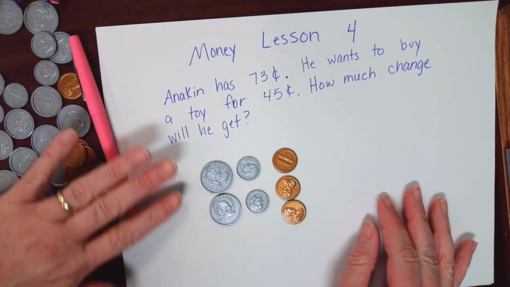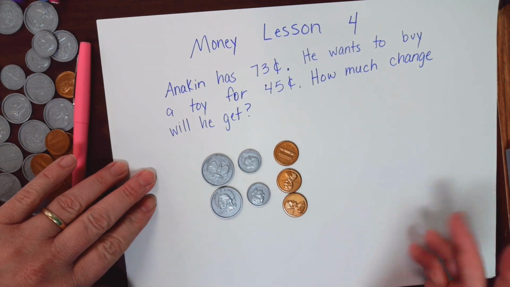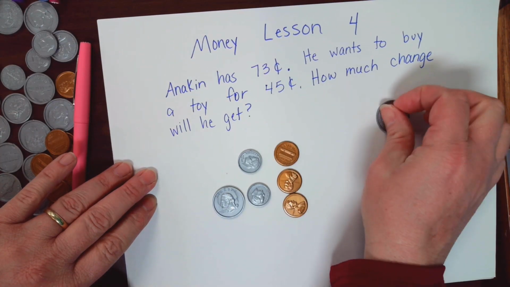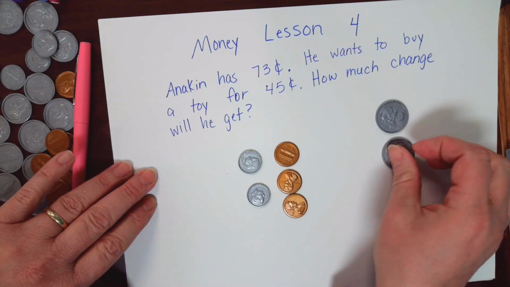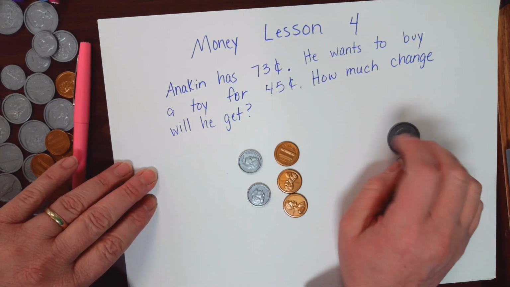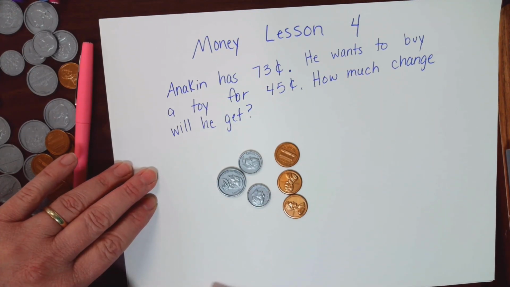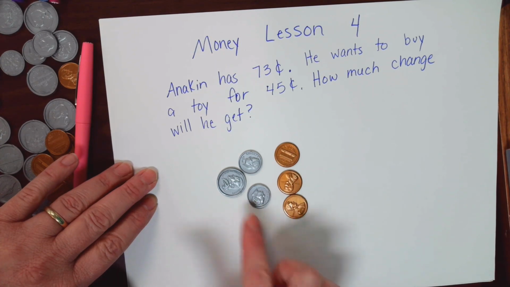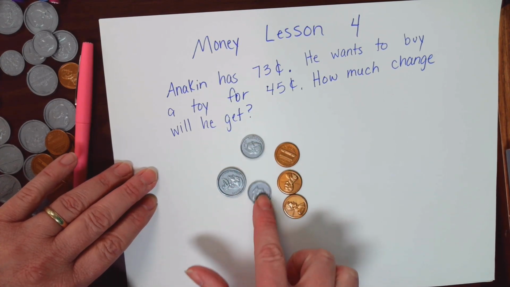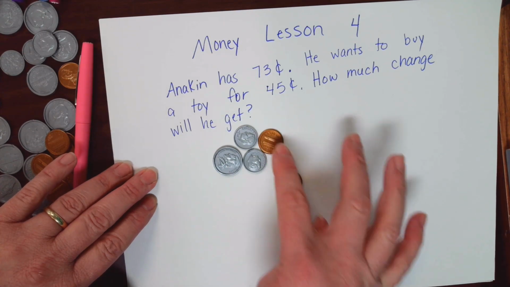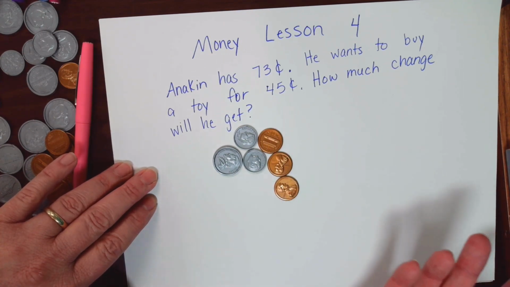So here's Anakin with 73 cents. Now if he spent 45 cents, this is a 25, and this is a 25. So there's 50. So he would get 5 cents back out of that. So this is how much change he would end up having. If we did it that way, he would have 10, 20, 25, 26, 27, 28 cents.